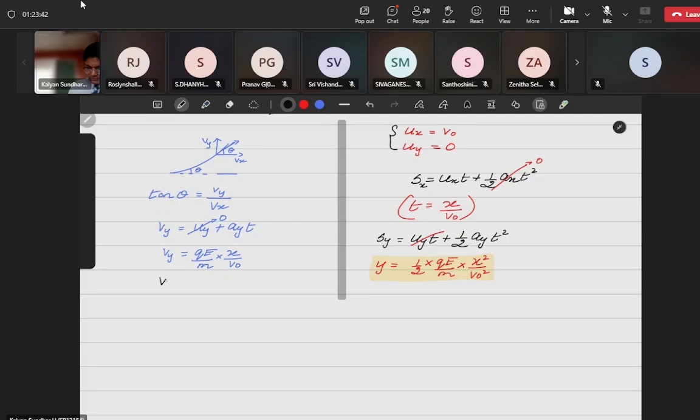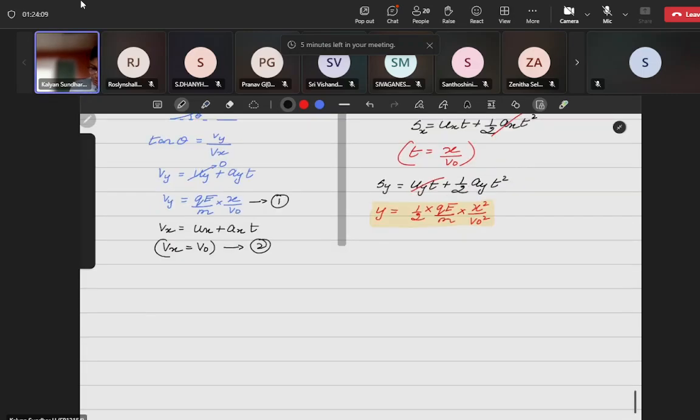Vx will be equal to ux plus ax into t. Is your horizontal component going to change with respect to time? Why not? No acceleration along x-axis, so this will remain the same, which will be v naught. Now vy is found, vx also you have got.